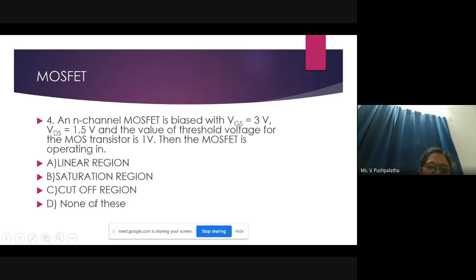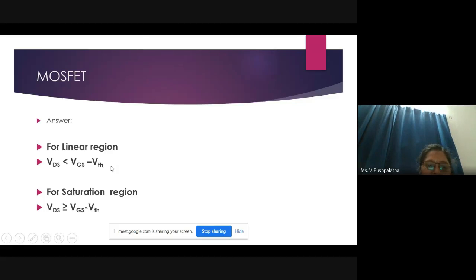For the cutoff region, VGS is equal to 0. For the linear region, VDS is less than VGS minus VTH, right? And for the saturation region, VDS is greater than or equal to VGS minus VTH. Okay, right. So now what are the values given?